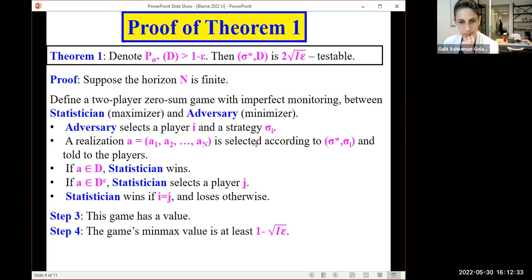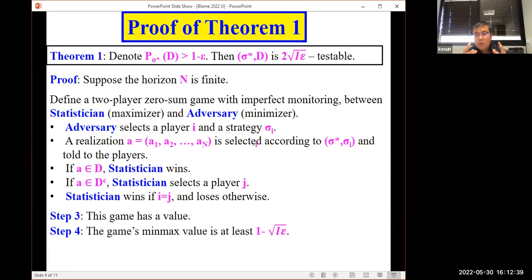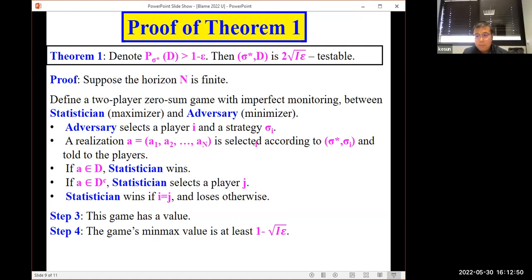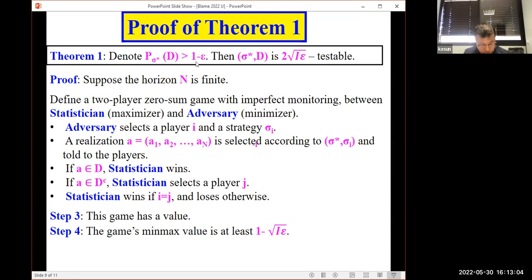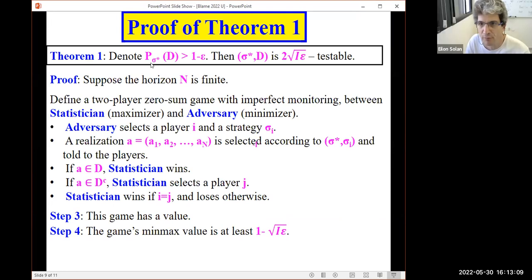Hello, may I ask a question? Yes. So first, thanks for the talk. So here, I think the result is mainly focusing on the probability of detection, right? Do you have any idea about the probability of false alarm? So we assume that if everyone is honest, the probability of D is at least 1 minus epsilon, which means that the probability of false alarm is at most epsilon.